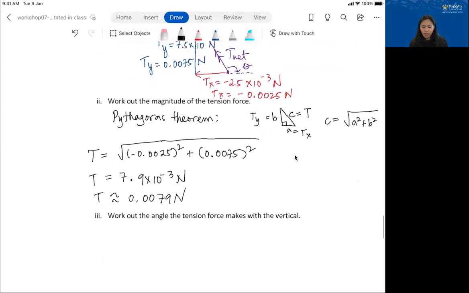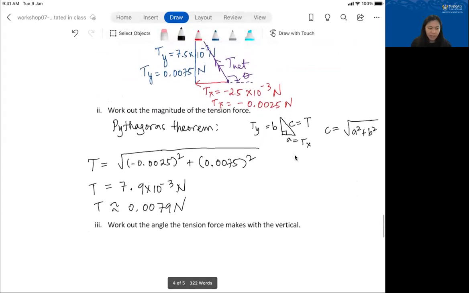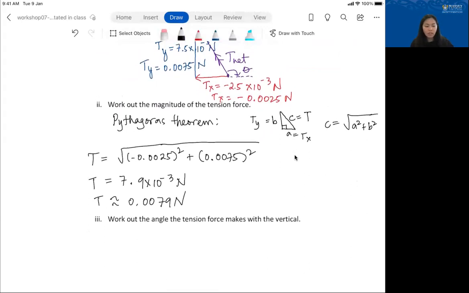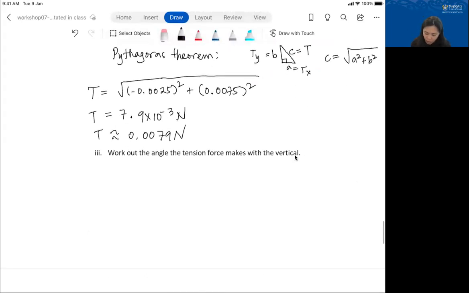Work out the angle the tension force makes with the vertical. It actually specified that you are calculating the angle with respect to the vertical. So let's redraw our diagram.